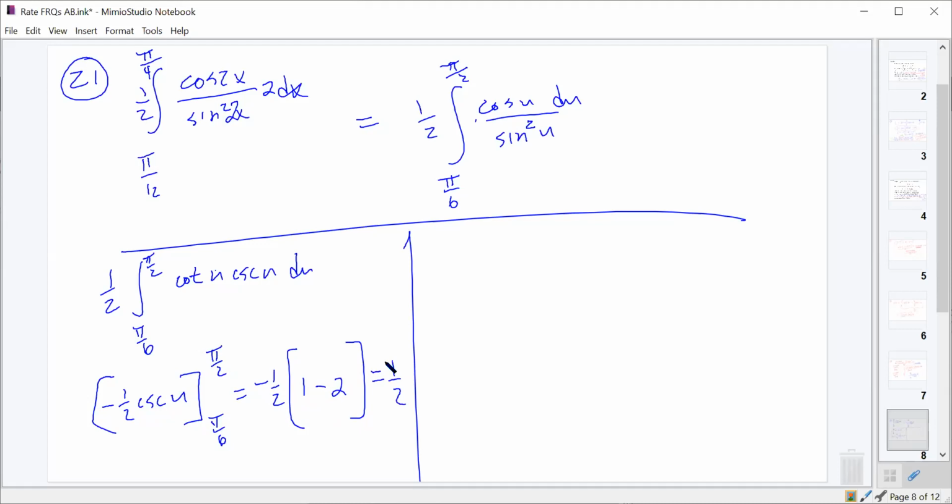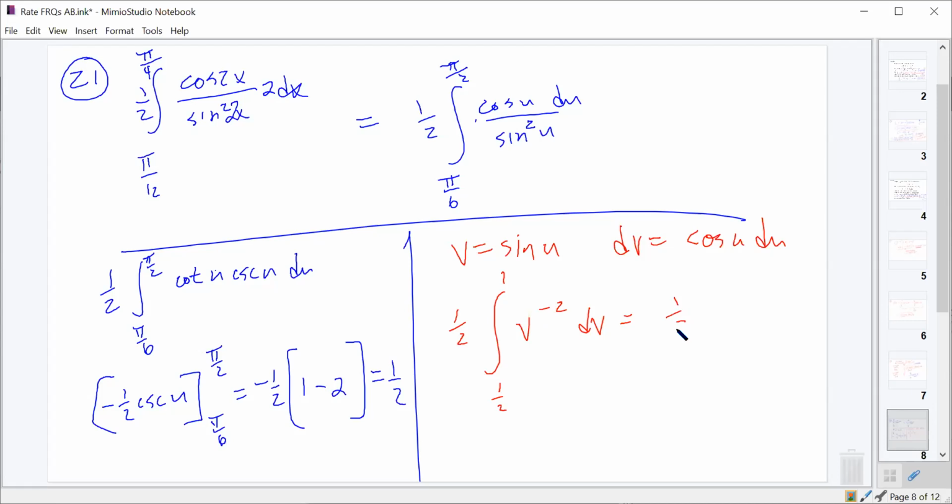And then the other option would be, we could have let v equal sine u, and then dv would be cosine u du, which would give us 1/2 of an integral. And now we do sine of pi over 6, which would be 1/2, and sine of pi over 2, which would be 1, of v to the negative 2 dv, or 1 over v squared, which would then integrate to become negative 1 over v.